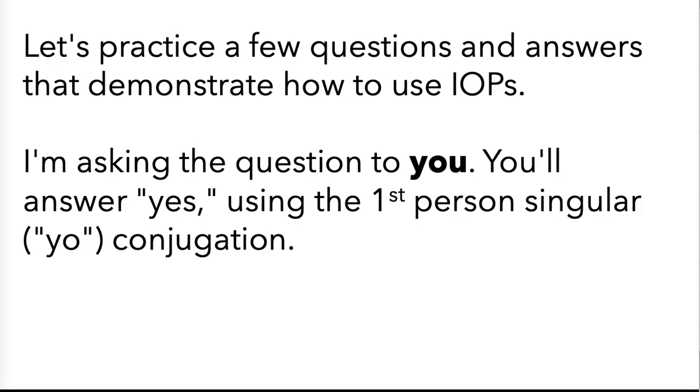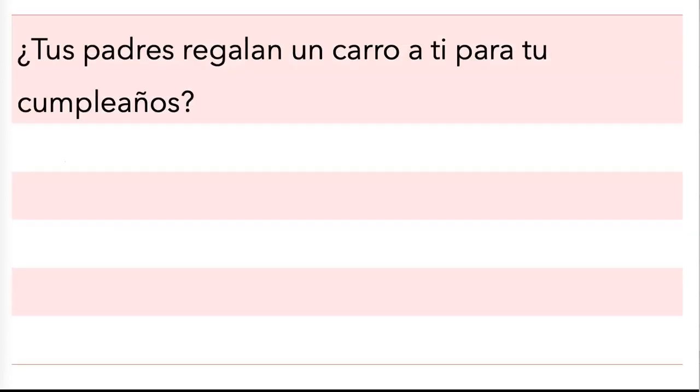Let's practice just a few questions and answers to demonstrate how to use the indirect object pronouns. And this is good practice for the quizzes. So the question is directed at you. So you're going to answer yes, and you're going to use the first person singular, the yo conjugation. ¿Tus padres regalan un carro a ti para tu cumpleaños?